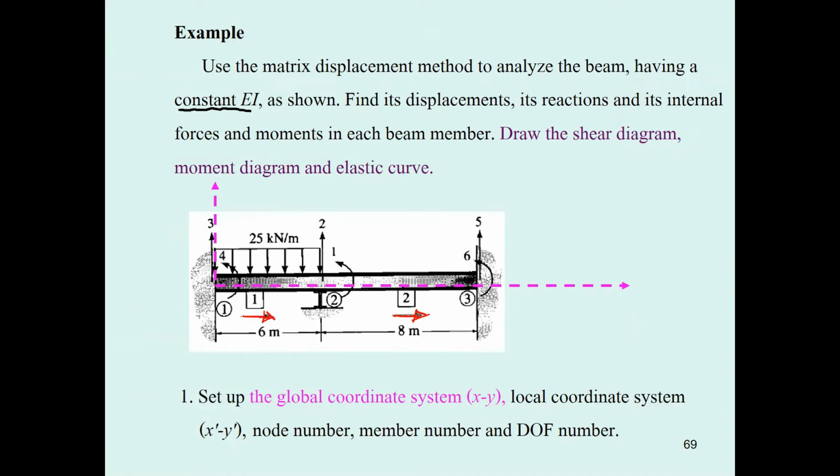And then what we have is the degrees of freedom. Which degrees of freedom are constrained? This one is constrained, and this one is constrained, because this is the fixed support, and this one is constrained because it is again a fixed support, and this one is constrained because it is the roller.